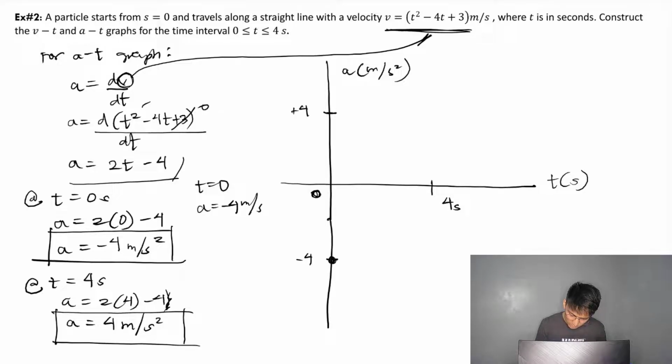Ito po siya, yung point na yan. And, when time is equal to 4 seconds, yung ating acceleration now is equal to 4 meters per second square, positive. So, eto siya. Ayan.